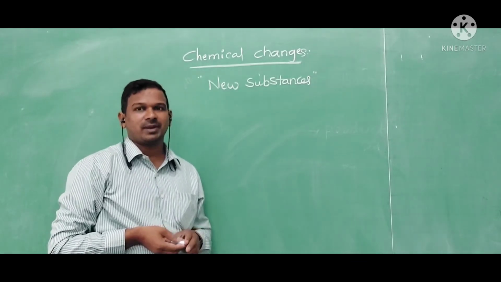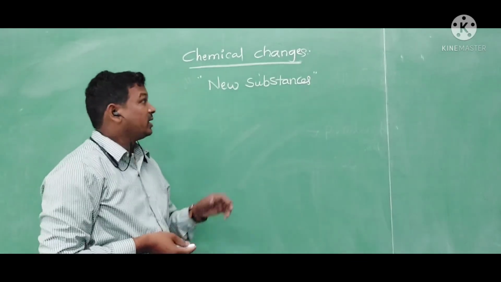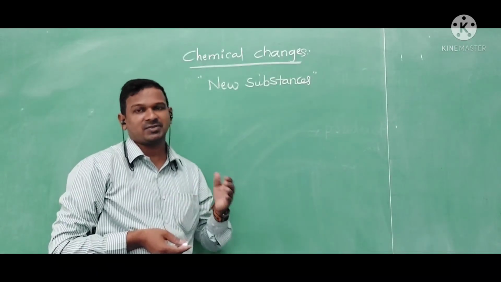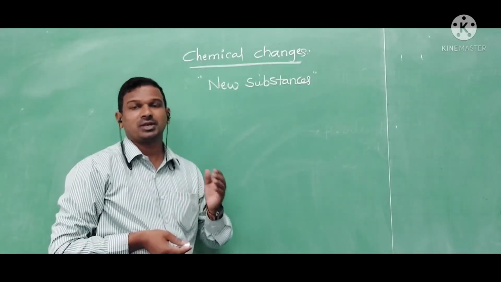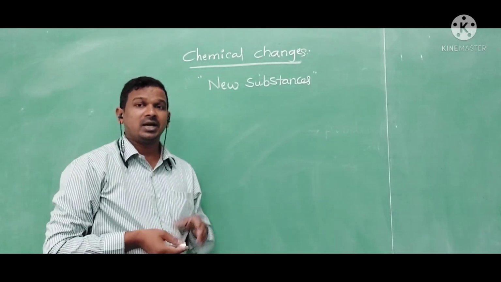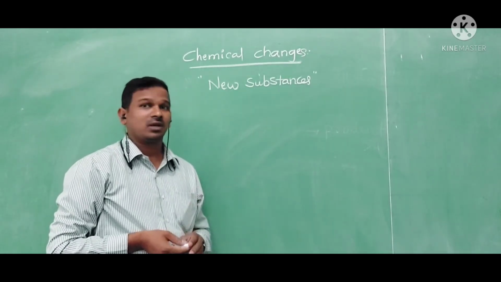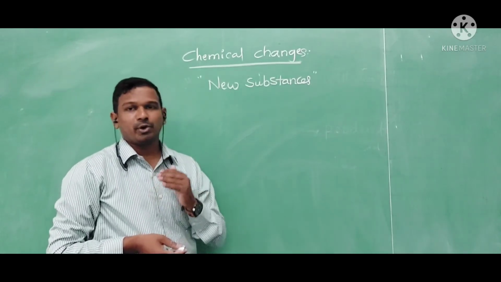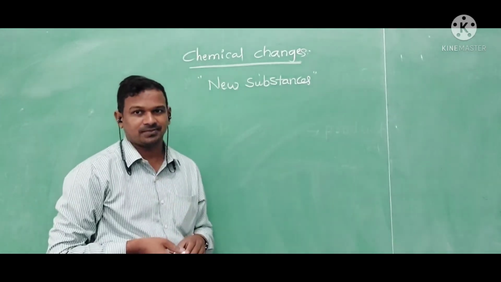Why can we call it a permanent change? In chemical changes, the substances which are participating will lose their original properties. And after the reaction, a new substance will form, and will not show the old properties of the substances.